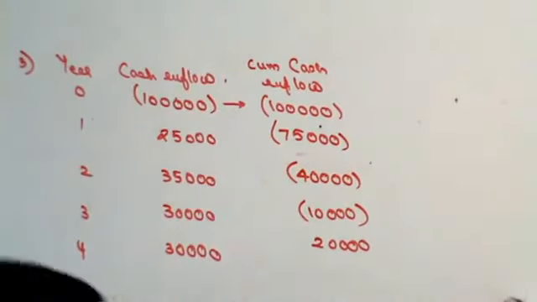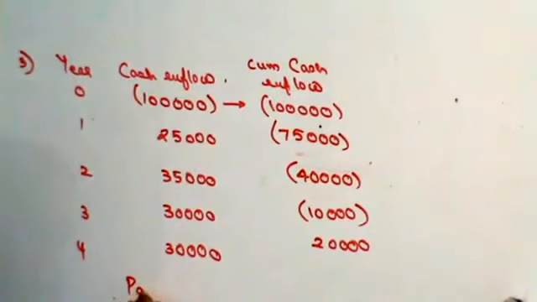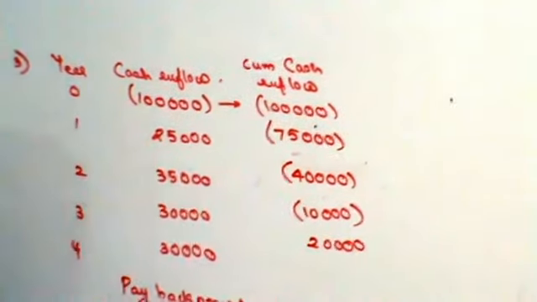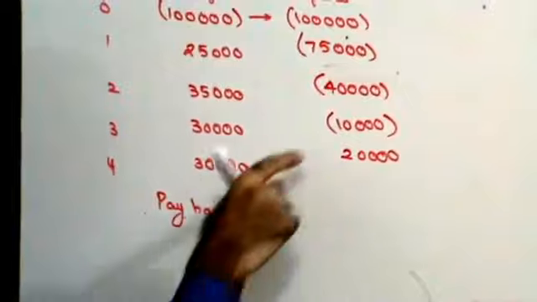Right? In this case, how do I find out payback period? Payback period, you will have payback period those many years so long as you have negative cumulative cash inflow.